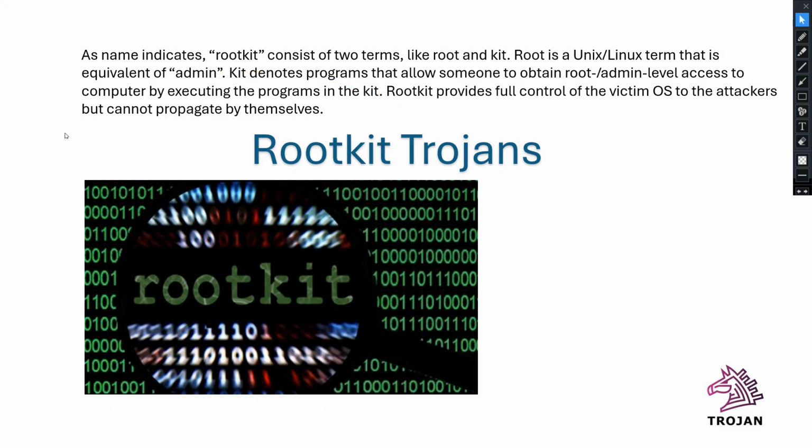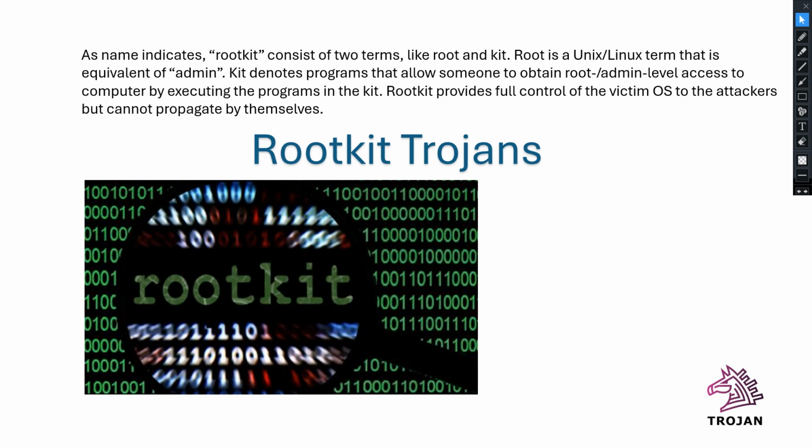Rootkit Trojans. As the name indicates, rootkit is a name of two words, root and kit. Root we all know, Unix and Linux credentials, the main root permissions, like the highest permissions, and kit means a kind of programs that allow someone to obtain root access to a computer by executing the program in the kit.